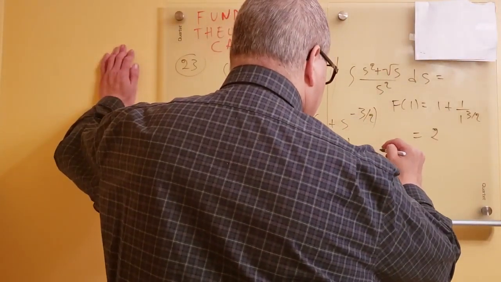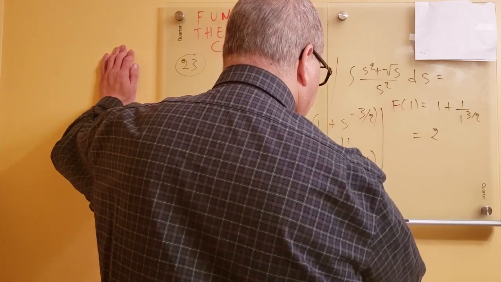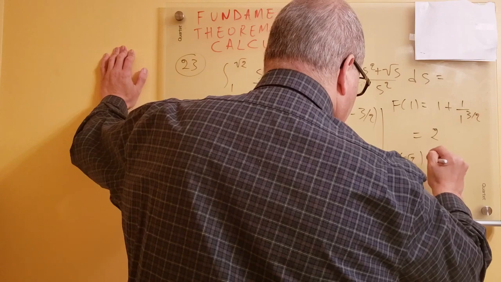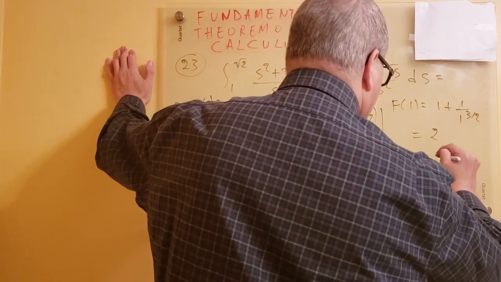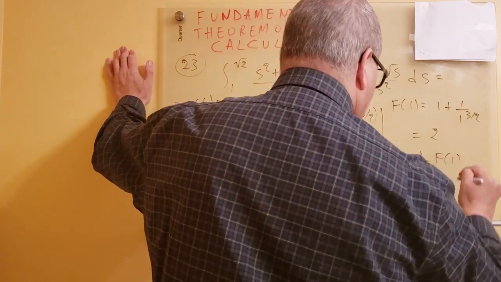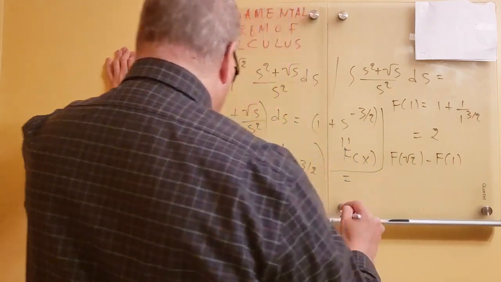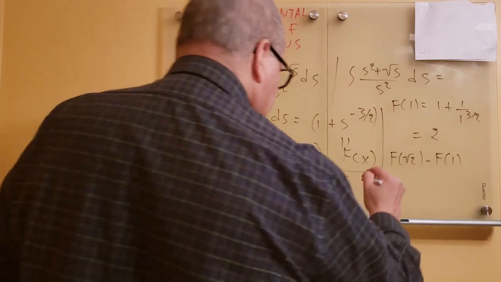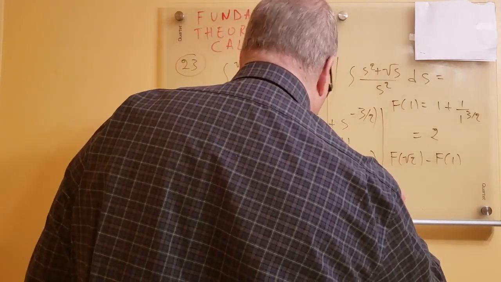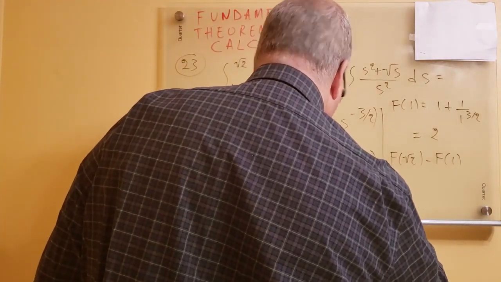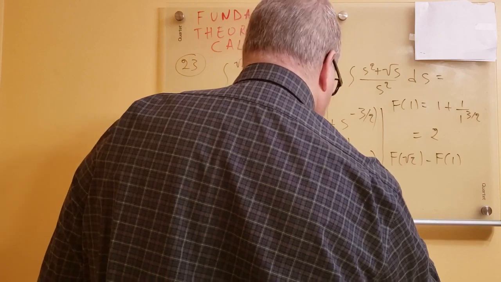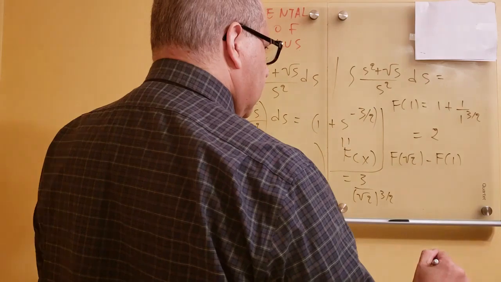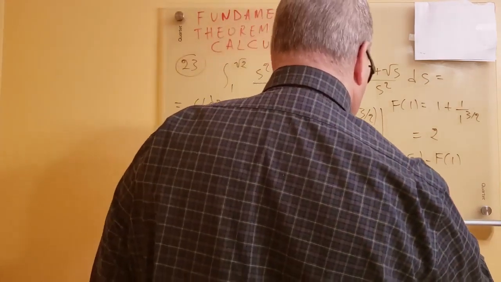So your answer will be f of square root of 2 minus f at 1, always capital F. So this will be equal to 3 over square root of 2 to the 3/2 minus 2.